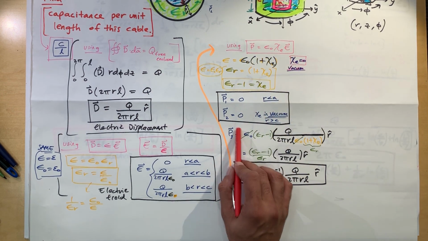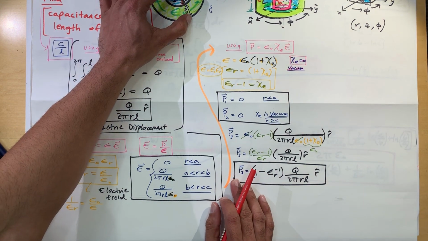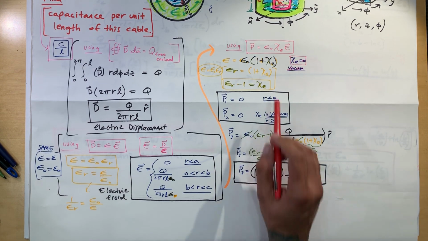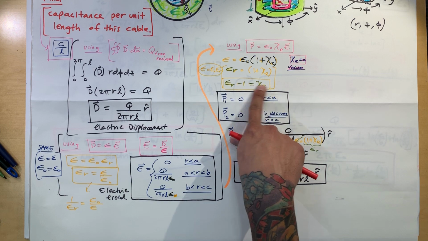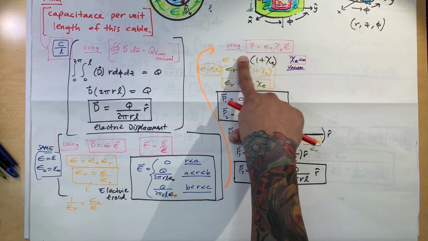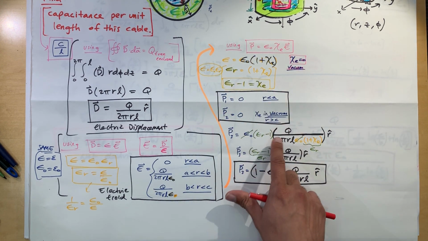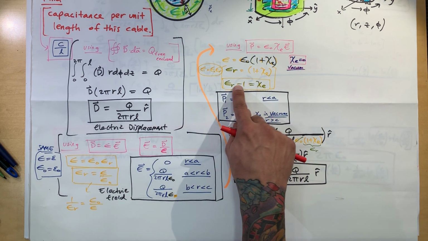And now the interesting part: P3 in this region. We have epsilon naught, and we solve for chi E using the formulas here, which gives epsilon R minus 1.